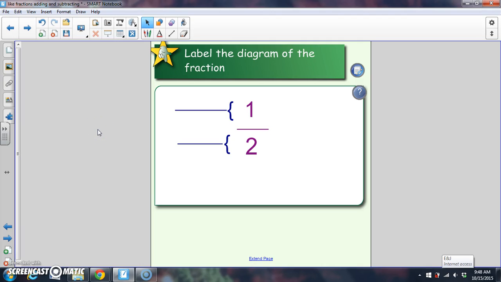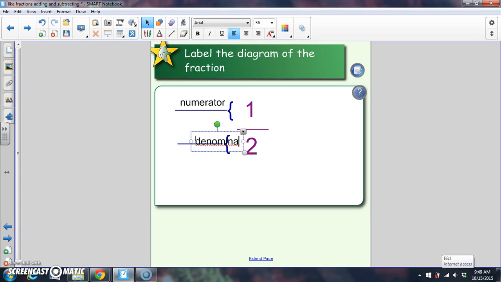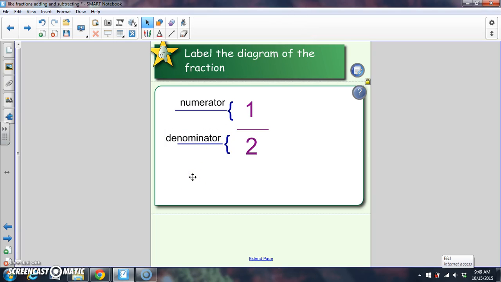One thing you may have written down in your brainstorm is the names or the parts of a fraction. And we know that this top part is the numerator. It is the number of pieces that you have, and the denominator is the total number of pieces in the shape or in the fraction.